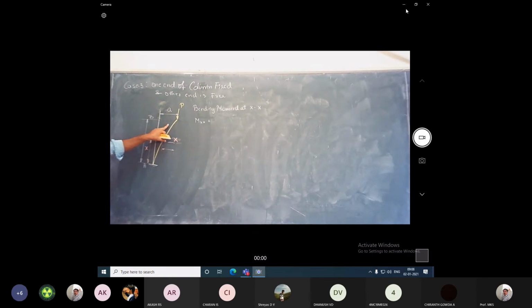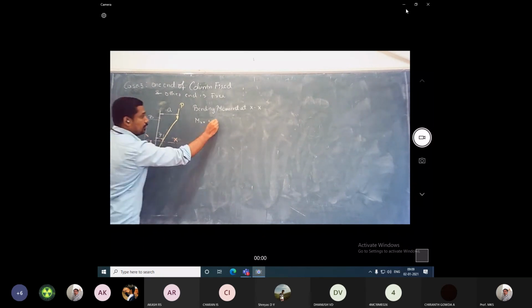Following the sign convention, in this case it is positive, since I have a convex part of the bending with respect to the initial column.